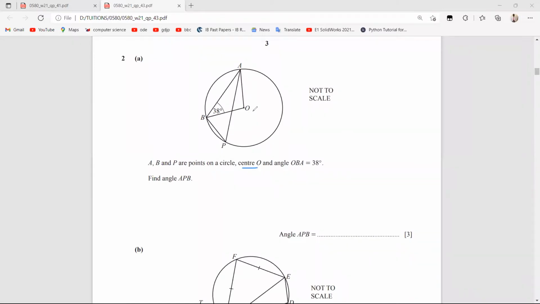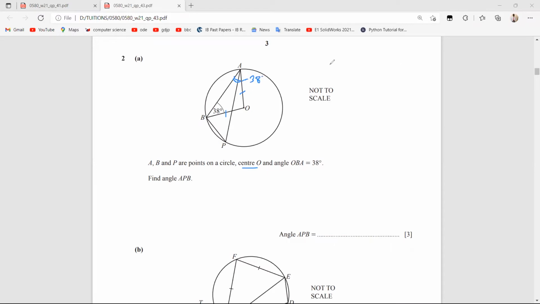So now that O is the center, that's a radius and that's a radius. So we have an isosceles triangle. That means the angle at A, the whole of that angle at A there is 38, okay? Because for an isosceles triangle, the base angles are equal, all right?